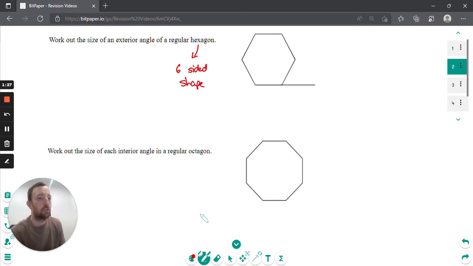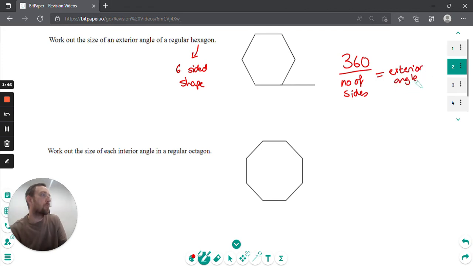Okay, and there's just a couple of formulas that we need to know for this. The first one is 360 divided by the number of sides that the shape has got is equal to the exterior angle. Now on any shape, in the corner of a shape, you've got what's called the interior angle, the inside, and the exterior.